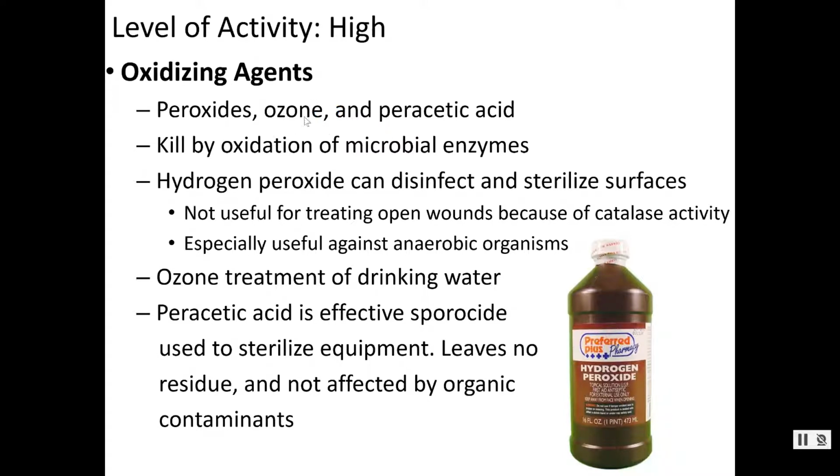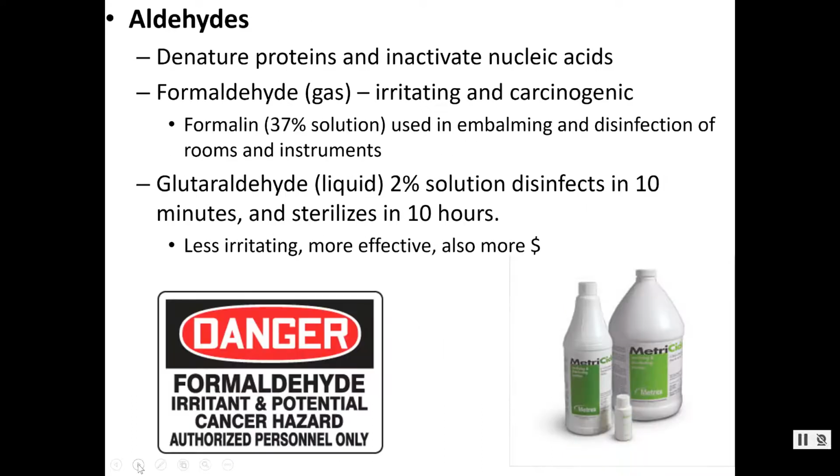Ozone is a gas, and we can use that to treat drinking water. Peracetic acid is a liquid, and it's used a lot to sterilize medical equipment. It leaves no residue. That's a plus. It's not affected by organic matter. That can be a plus. So a lot of times after surgery, if there's equipment that cannot be autoclaved, can't handle the moist heat, but we need to sterilize it, peracetic acid is a good choice. Okay, so that is our oxidizing agents.